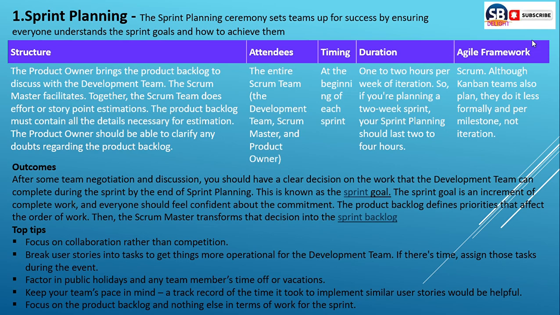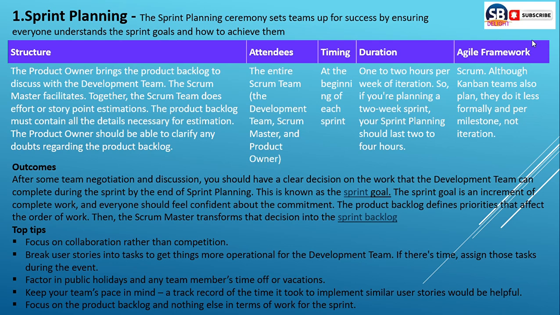This is known as the sprint goal. The sprint goal is an increment of complete work, and everyone should feel committed. The product backlog defines priorities that affect the order of work. Then the Scrum Master transfers the decision into the sprint backlog.